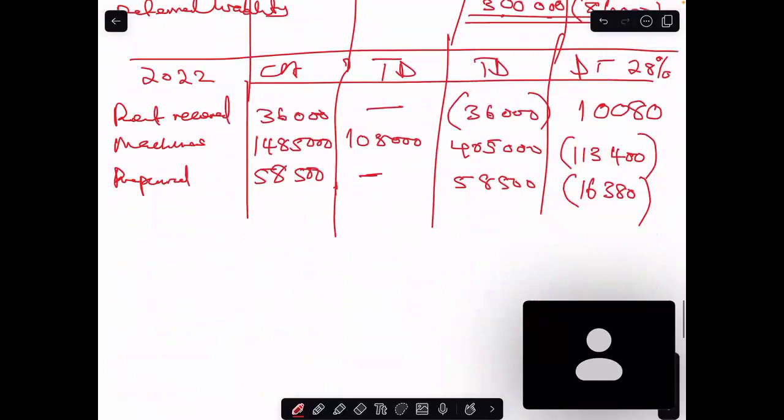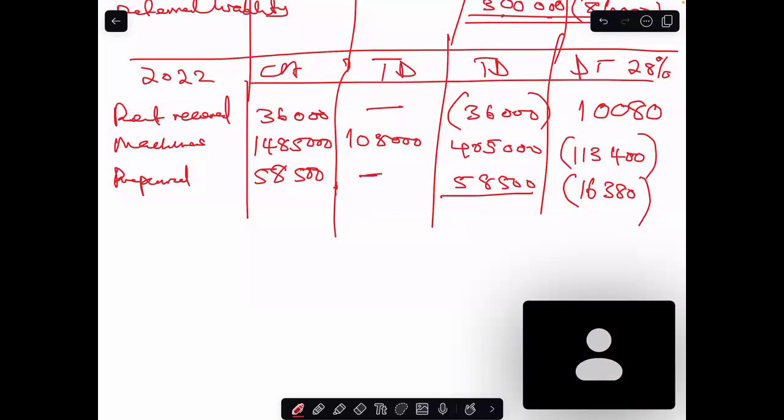Right. We go to 2022, we do the same. Let's add minus 36,000 plus 40,500 plus 58,500. It can't be 63,000.